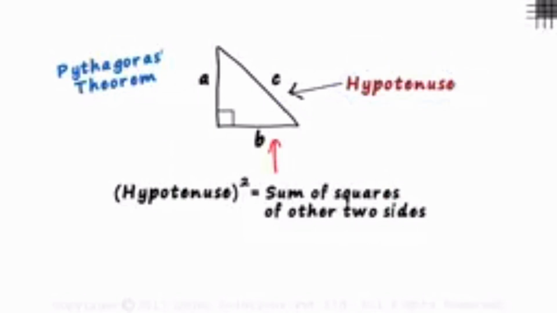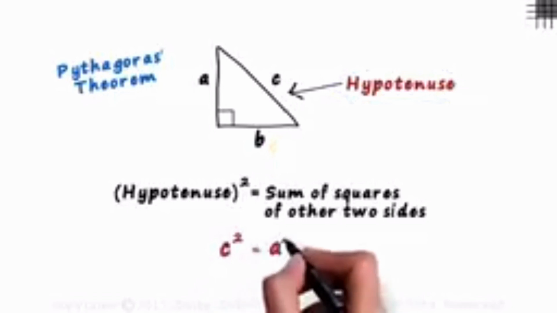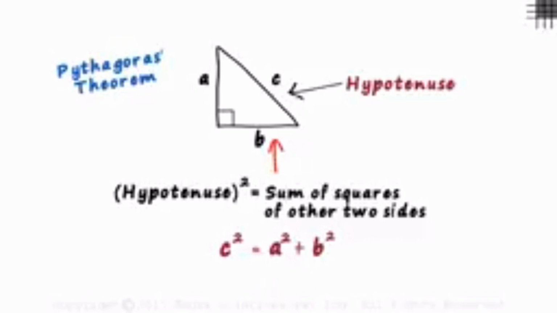For this triangle, we can say that C squared is equal to A squared plus B squared. If this is a right angle triangle, the square of this length will always equal the sum of the squares of each of these lengths.